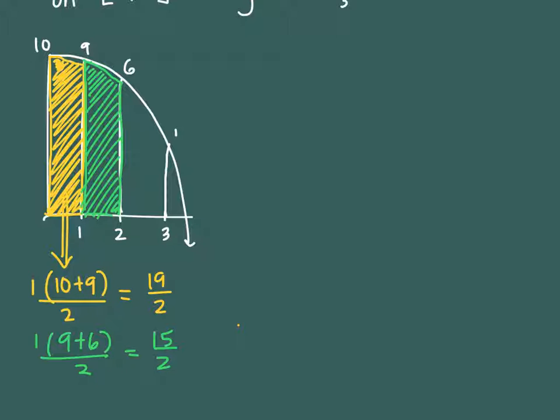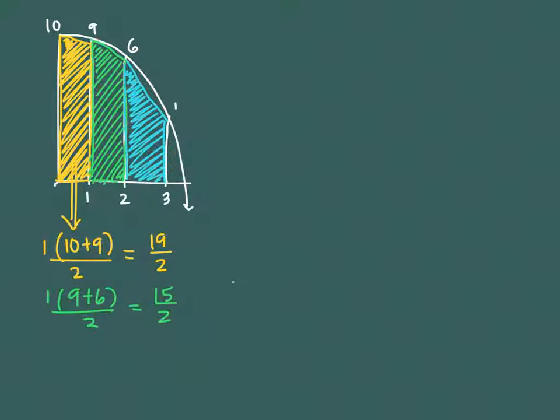And then my third trapezoid will connect the 6 all the way down to the 1. And that trapezoid then would be a base of 1, 6 plus 1, and that's divided by 2, so 7 over 2.